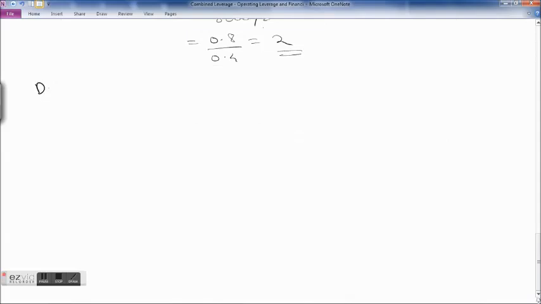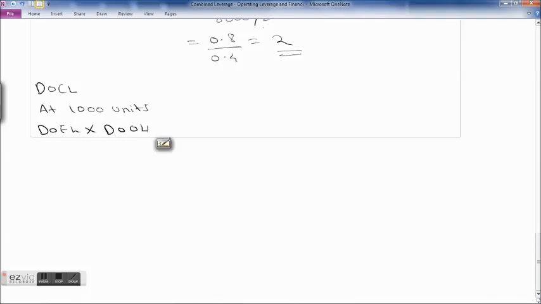Okay, now let us calculate degree of combined leverage. We'll use both the formulas to calculate degree of combined leverage. So at 1000 units, the first formula will be, we'll just multiply degree of financial leverage into degree of operating leverage, which is given here, right?